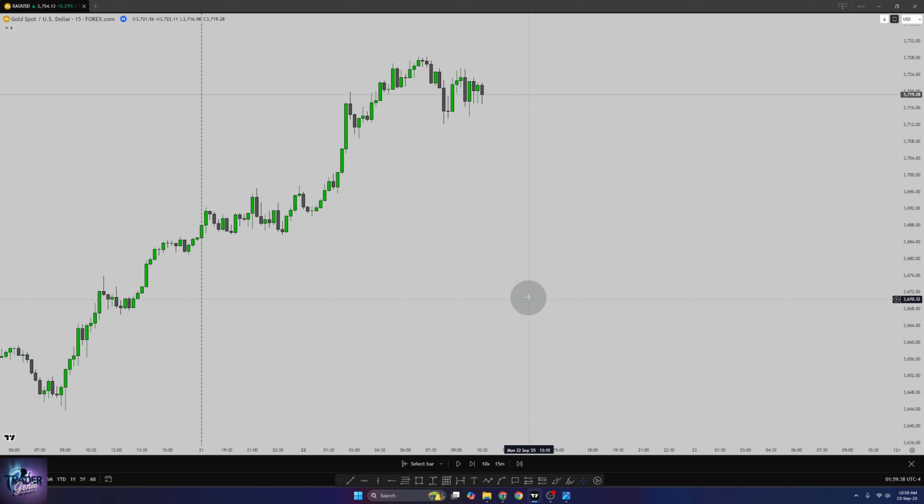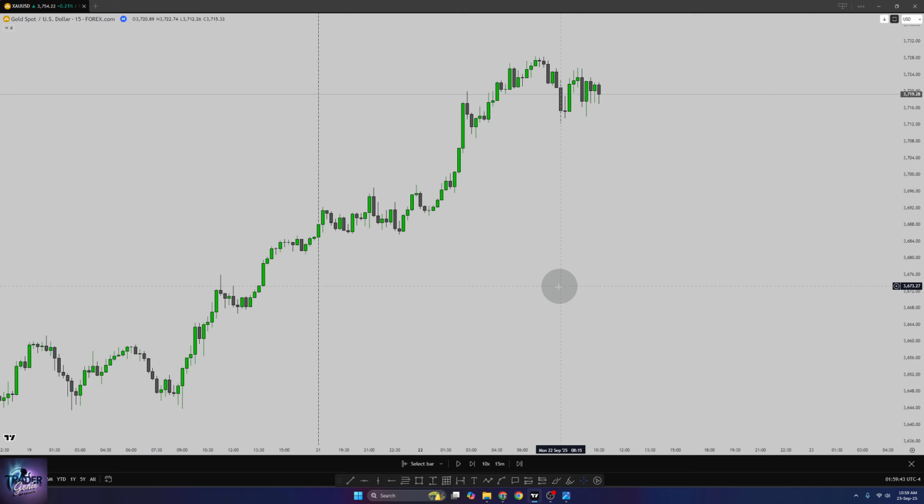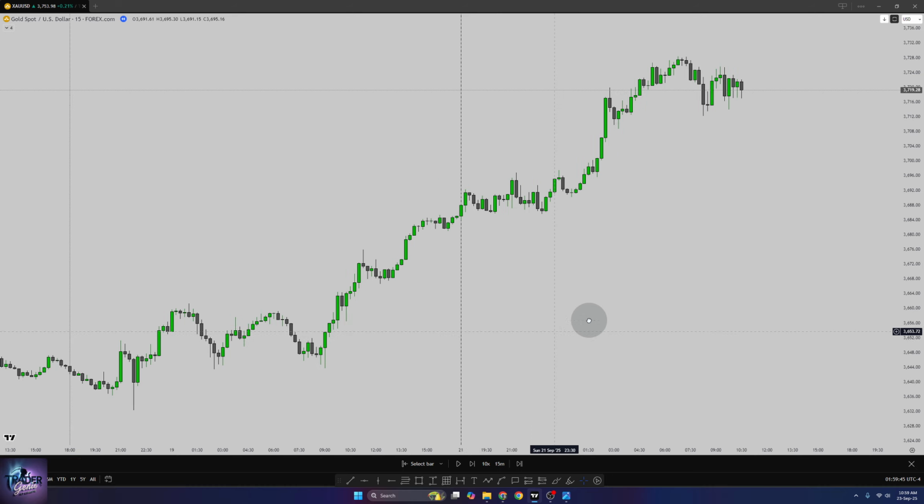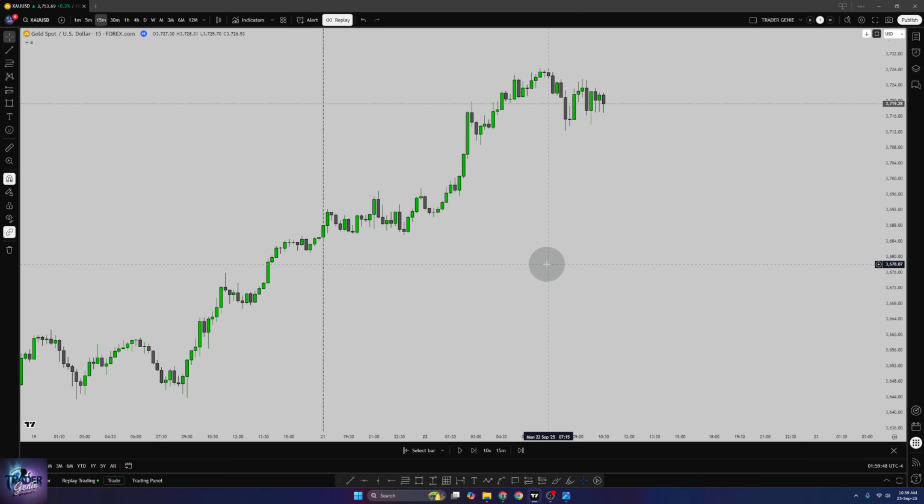So let's study on TradingView. Yesterday's price action.